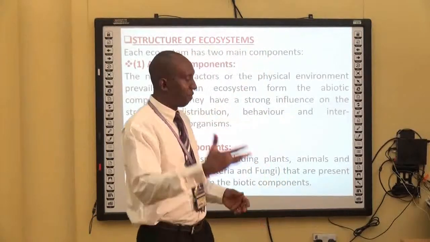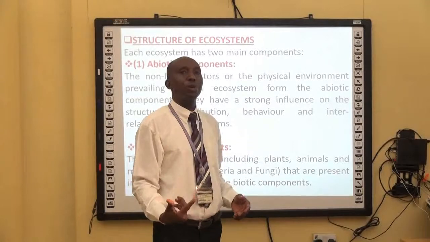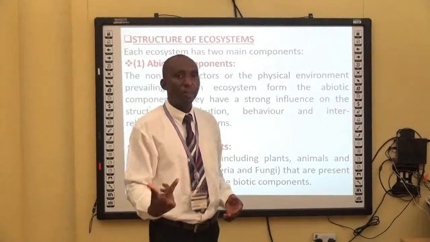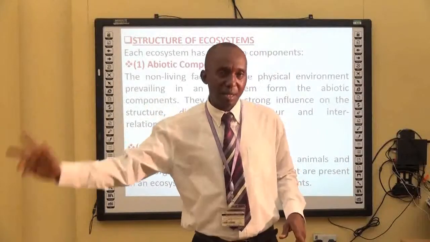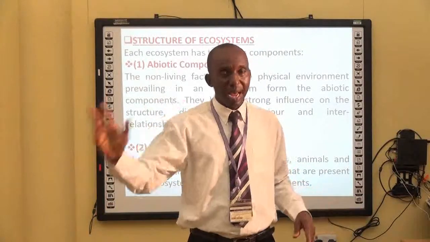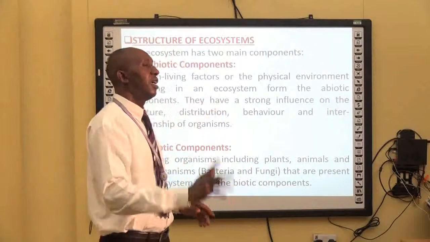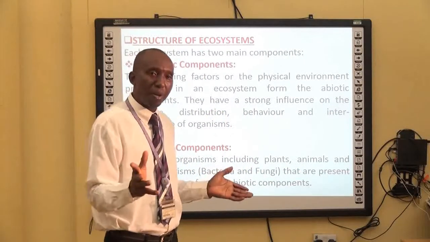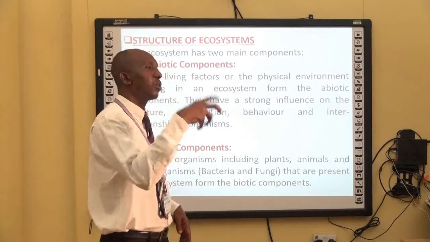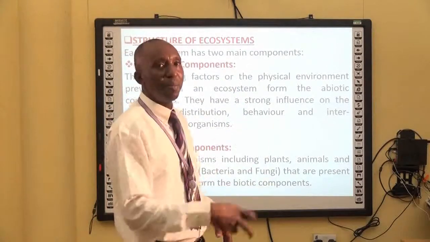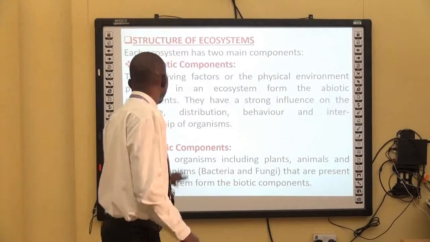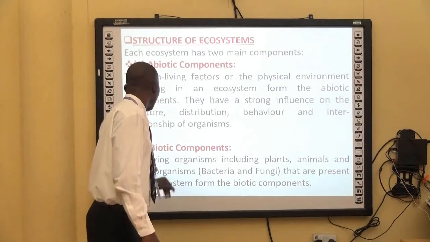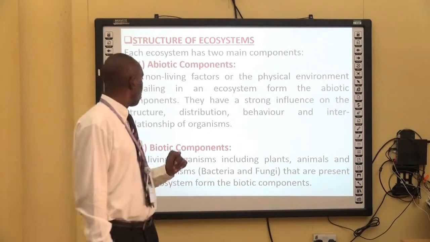And in places with a hot or humid temperature, you cannot have polar bear. You can have animals like deer, lion, and cheetah. So, in as much as the biotic components are important, the abiotic components actually determine the distribution of the biotic components.